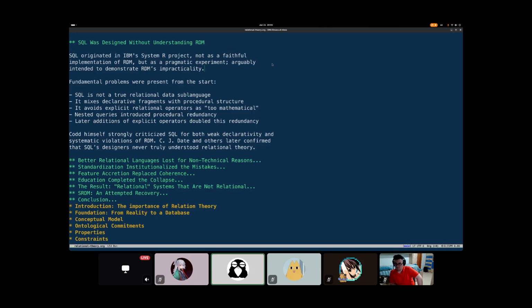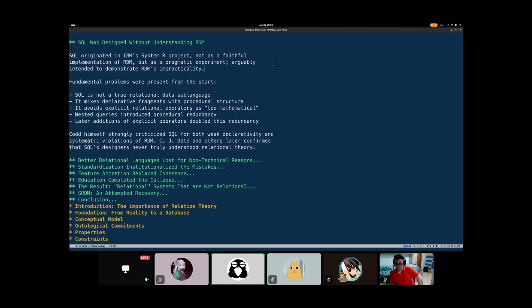It avoids explicit relational operators because they were too mathematical. That's an actual complaint in the quote that I read. People are not interested in saying pi as an operation, or a union or things from set theory. They were more concerned with join, select, and things like that.